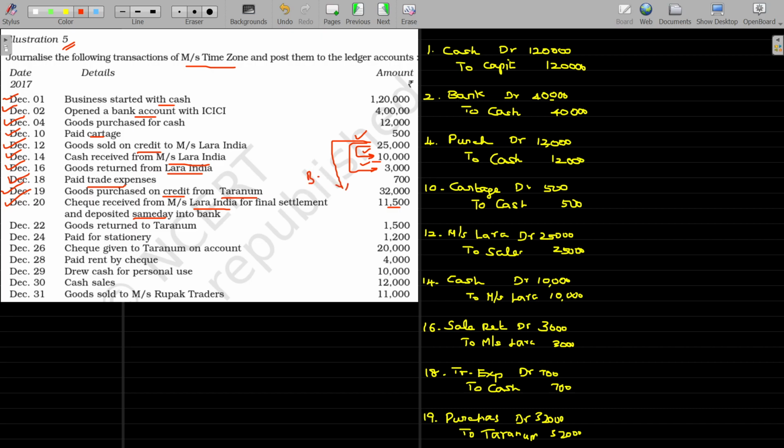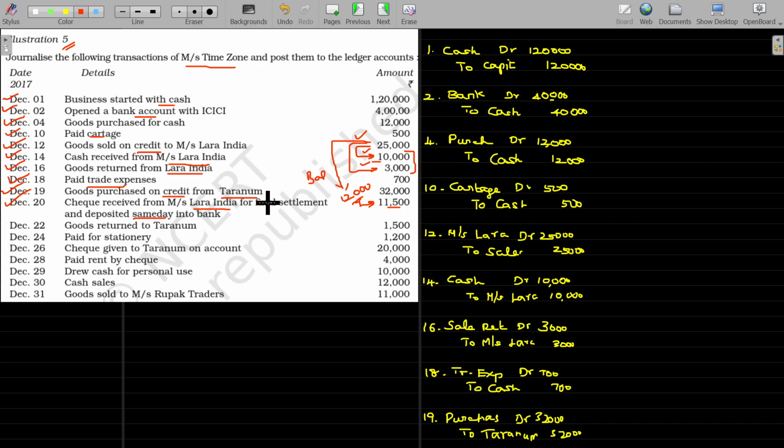Balance amount recoverable after subtracting these two being 12,000. Out of that 12,000 rupees, we received 11,500 as final settlement. Final settlement means hereafter we don't get the balance amount. So the difference between 12,000 and 11,500 will be assumed to be discount allowed. So we have allowed them a discount of 500 rupees. That's how you can assume.